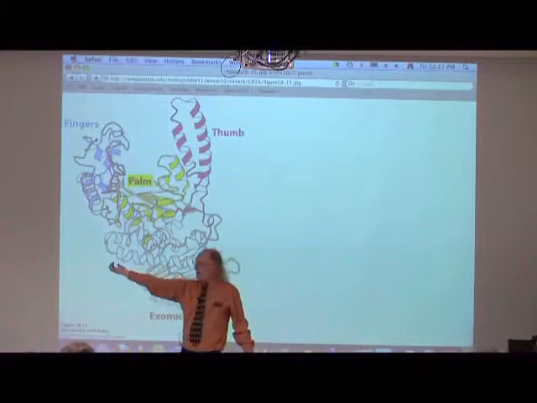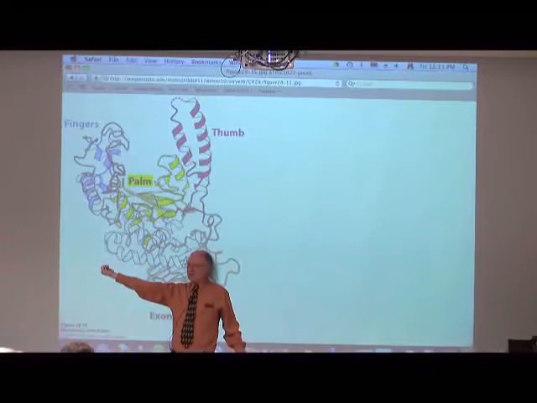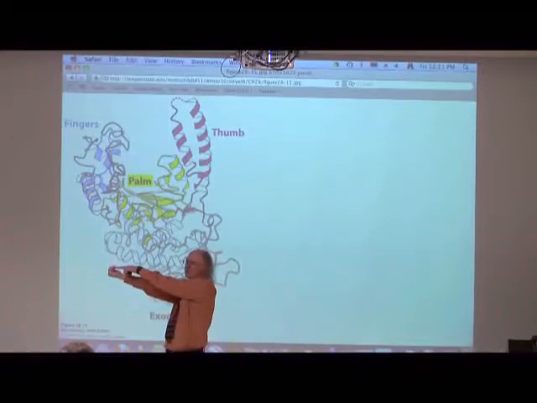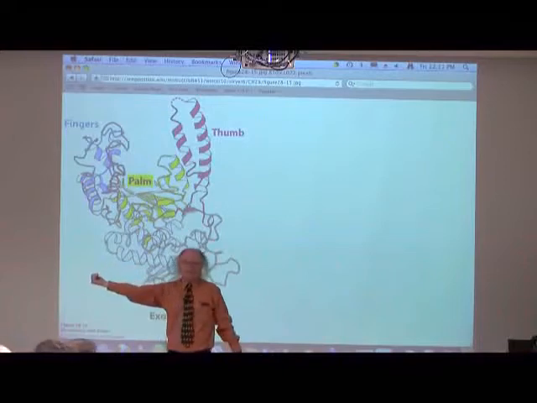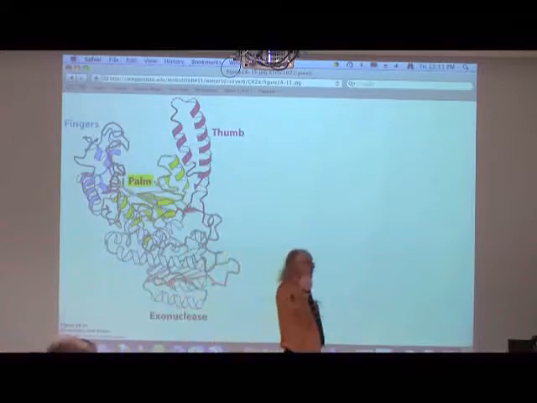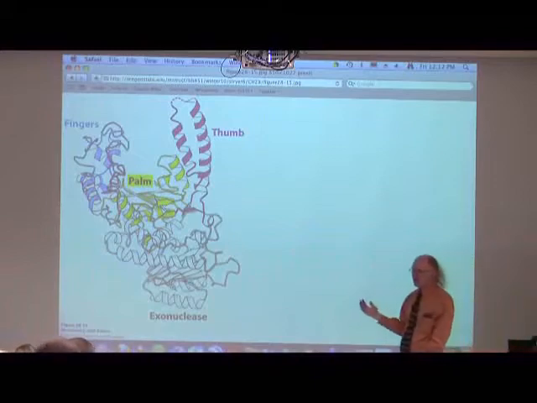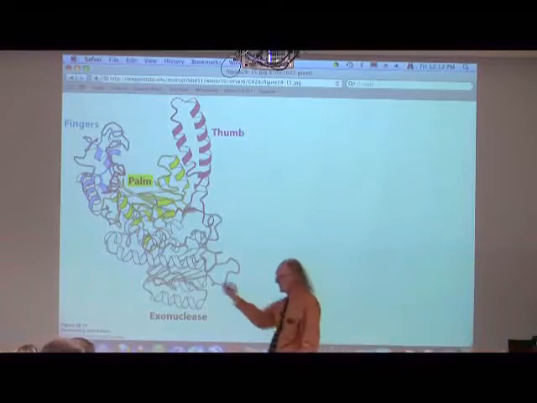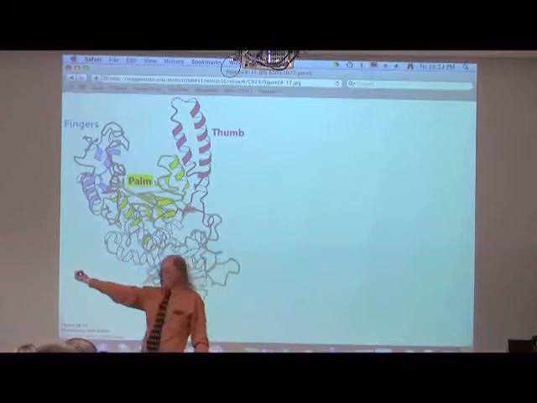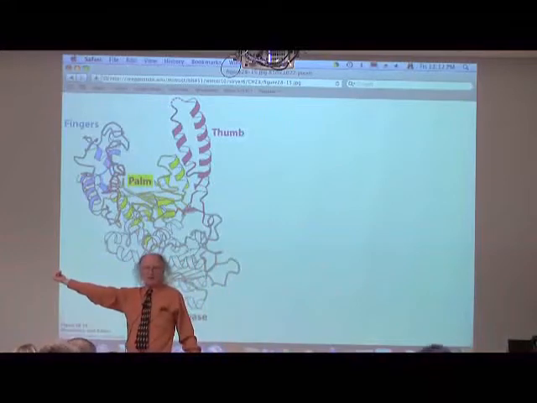Primase will come along, and it will put that primer on the end so that now I've got something that DNA polymerase can extend off of. A DNA polymerase can use an RNA as a primer. In fact, in most cells, that's exactly what happens. In fact, in all cells, that's exactly what happens. Some viruses have some unusual schemes, but all cells use RNA primers for their DNA polymerase.